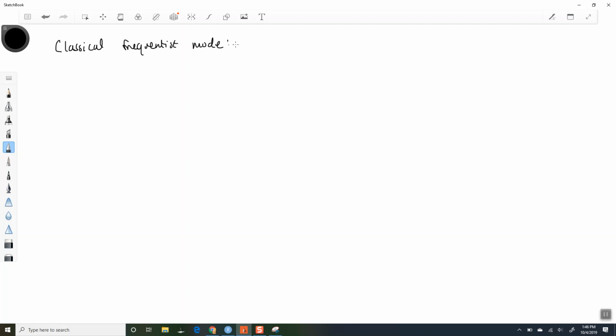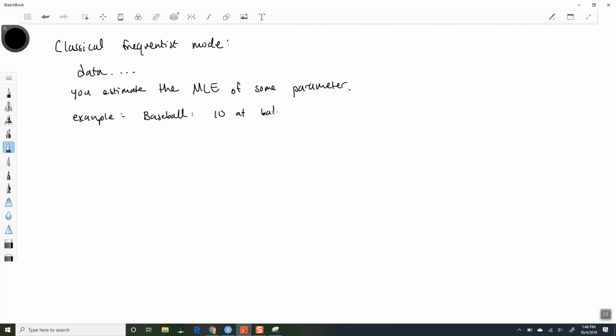In classical frequentist mode, you have your data, and then you estimate the maximum likelihood estimate of some parameter. For example, in baseball, if we have 10 at-bats and 5 hits, our maximum likelihood estimate p hat is going to be 0.5.